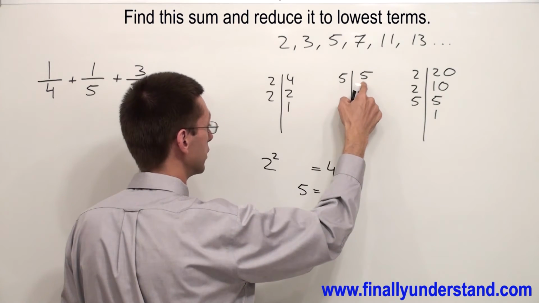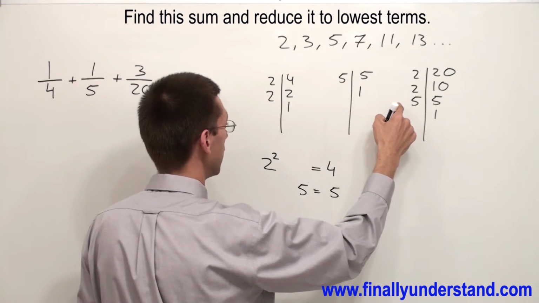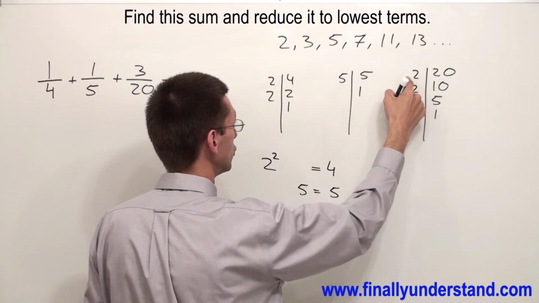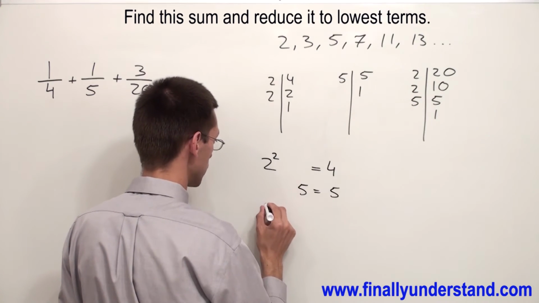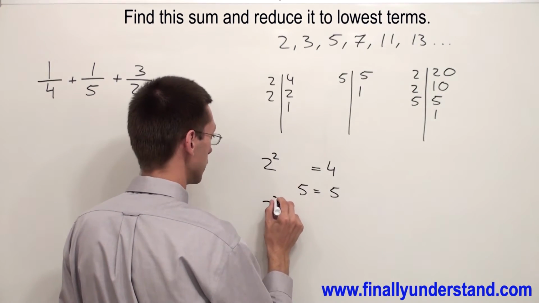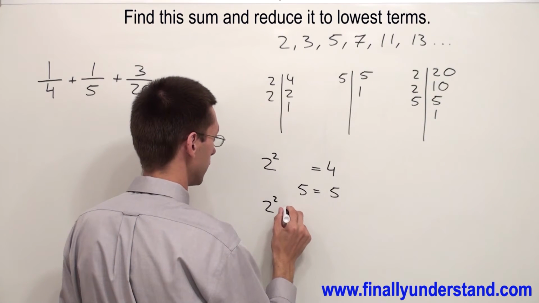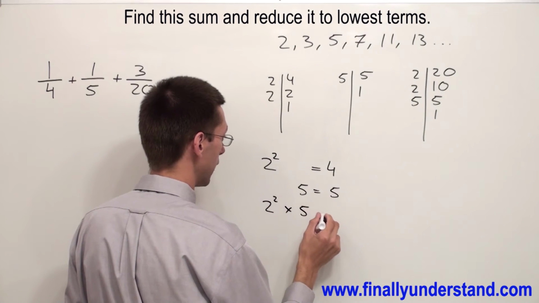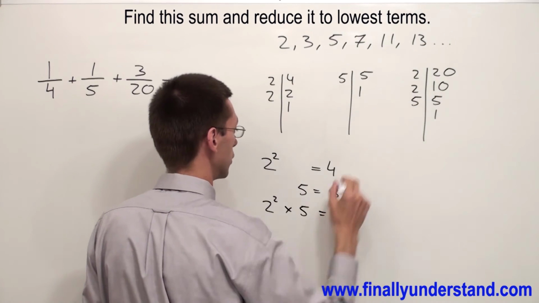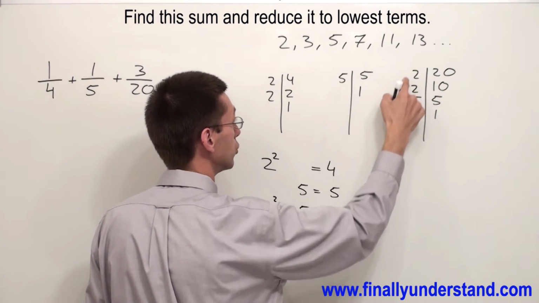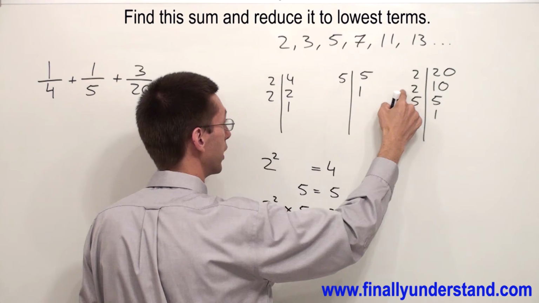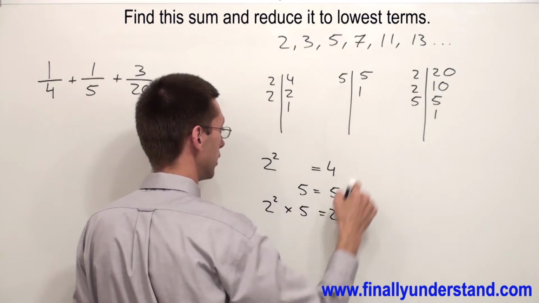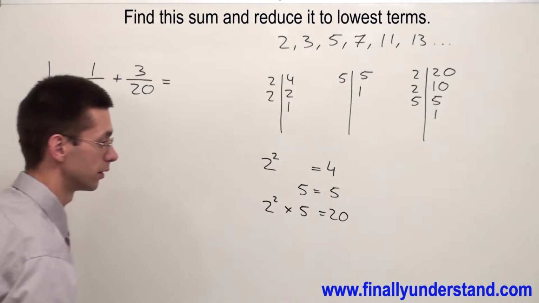This is for the second denominator. And I have 2 times 2, which is just 2 to the second power, times 5 equals 20.